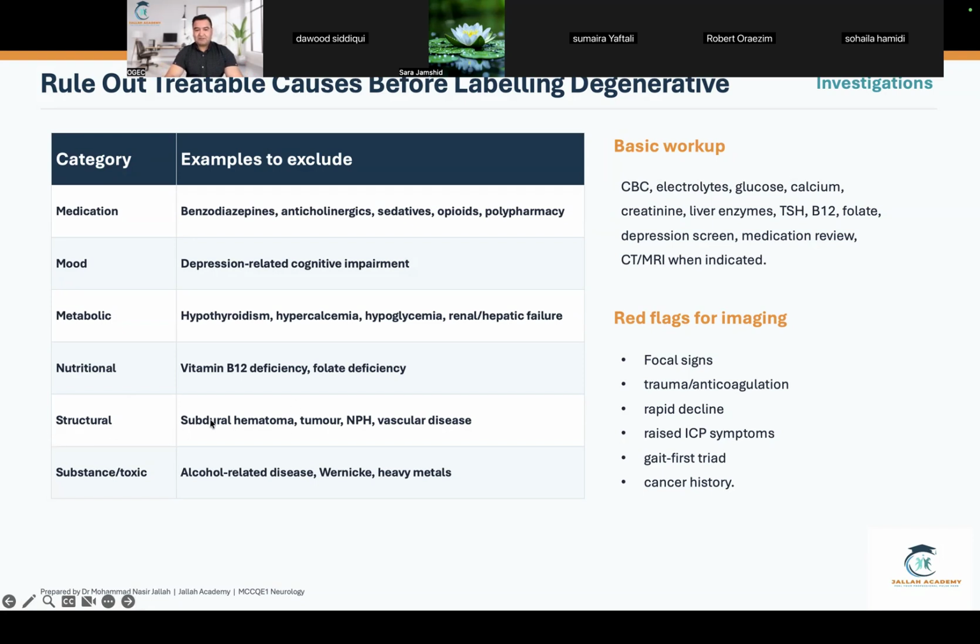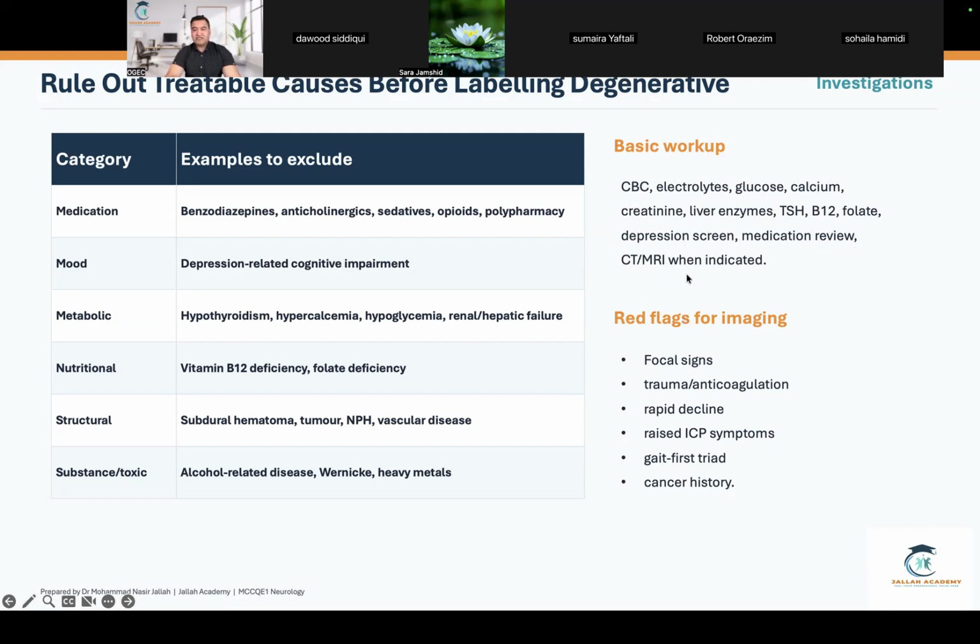Structural abnormality: subdural hematoma, tumor, normal pressure hydrocephalus, and vascular disease. Substance and toxic: alcohol-related issues, Wernicke, heavy metals. So the basic workup: CBC, electrolytes, glucose, calcium, creatinine, liver enzymes, TSH, B12, folate, depression screening, medication review, and CT or MRI when indicated.